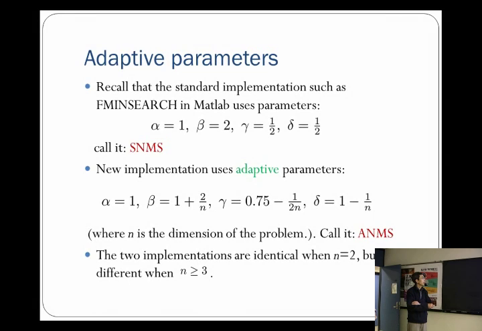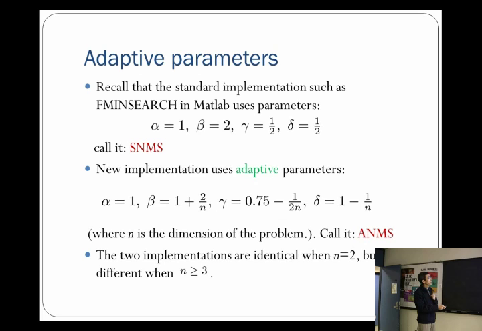For contraction, this one replaces 1/2. For shrinkage, this one replaces half. Now remember, I discussed that a large simplex is helpful, right? Now if we use, for example, this shrinkage step, essentially we cut the simplex size by half. We get a much smaller one.